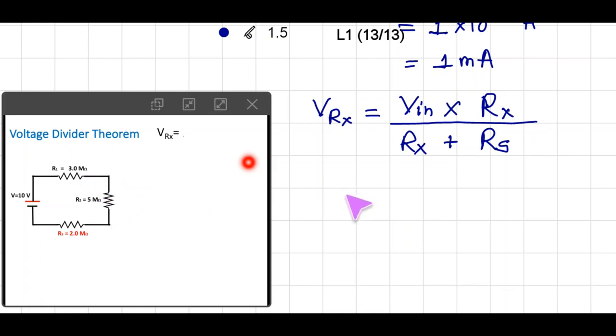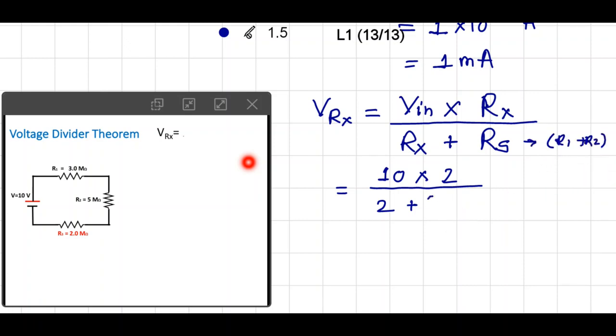So using the same formula, Vin is equal to 10 into Rx, which is 2 mega ohm, meaning 2 into 10 raised to 6, remember that, divided by Rx, 2 mega ohm, plus Rs, which is the combination of R1 plus R2.